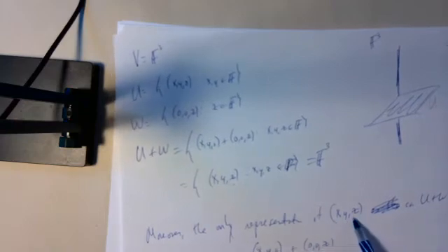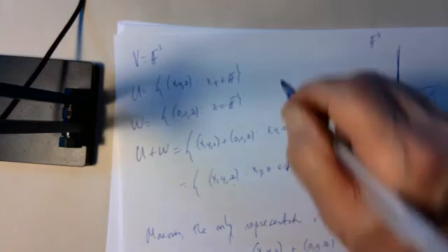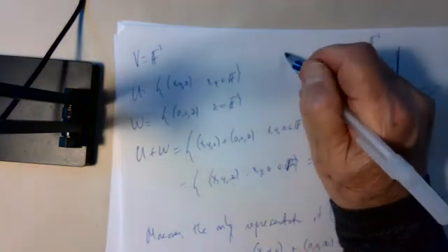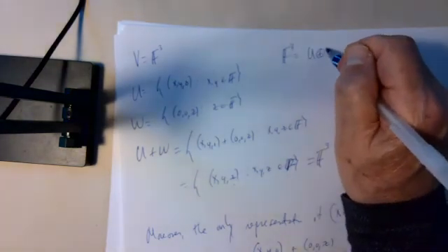There's no other way to break this down as a sum of two vectors where the first two coordinates of this vector are 0 and the third coordinate of this vector is 0. So this representation is unique. So therefore, F3 is the direct sum of U and W.